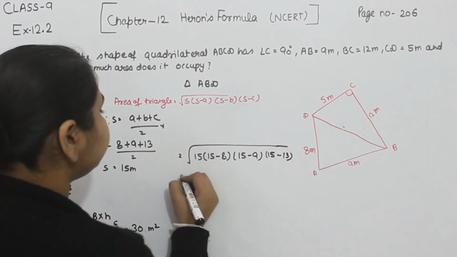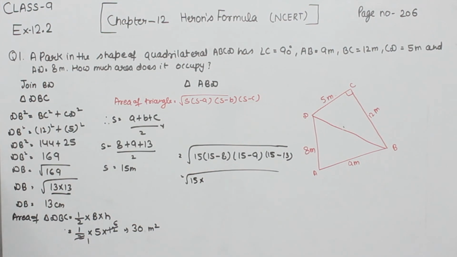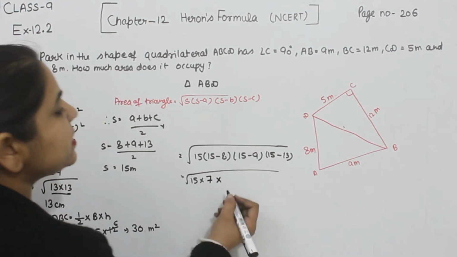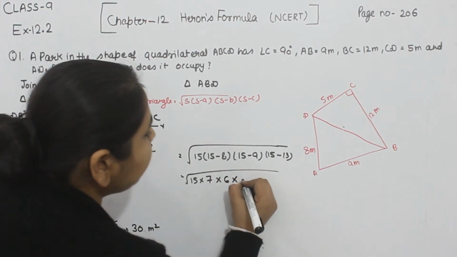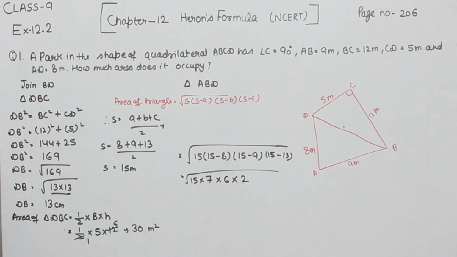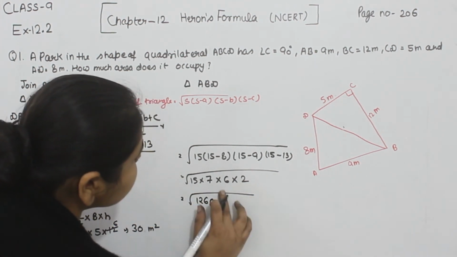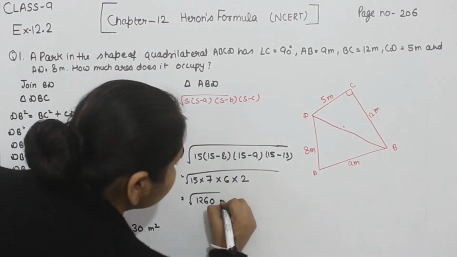Now 15 multiplied by 15 minus 8 we have 7, multiplied by 15 minus 9 we have 6, multiplied by 15 minus 13 we have 2. Now we are going to solve the brackets. So we have the value 1260. This is the value under the root. Root 1260 meter square.